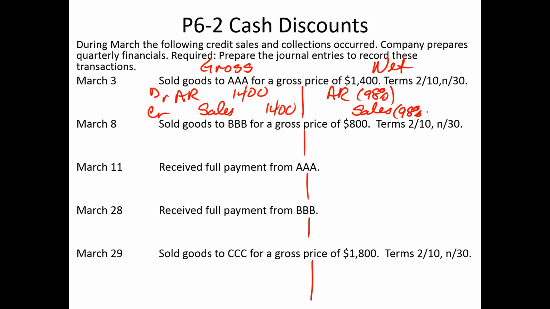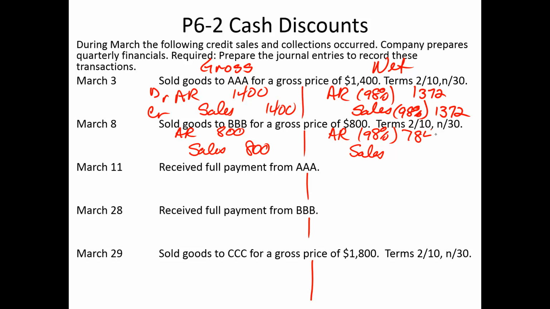And 98% of $1,400 is $1,372. March 8th, when we sell goods to BBB for a gross price of $800, under the gross method, it would be debit accounts receivable, credit sales, $800. But under the net method, it would be debit accounts receivable, credit sales for 98% of $800, which is $784.